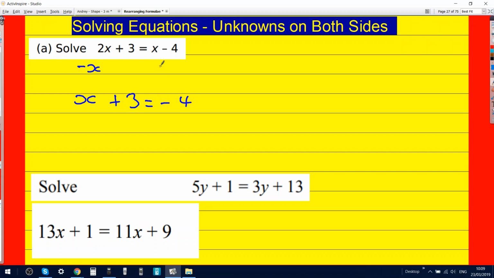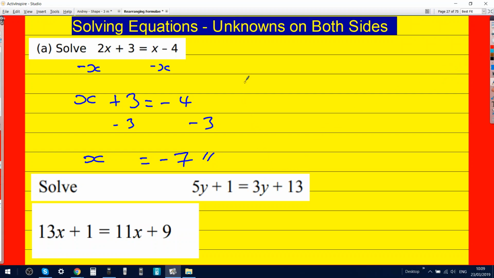And then you sub it in. So you would take away the 3. So minus 4 take away 3 is minus 1. That would be minus 4 minus 3. Oh, is it minus 7? Yes. And then x equals minus 7. That's it.